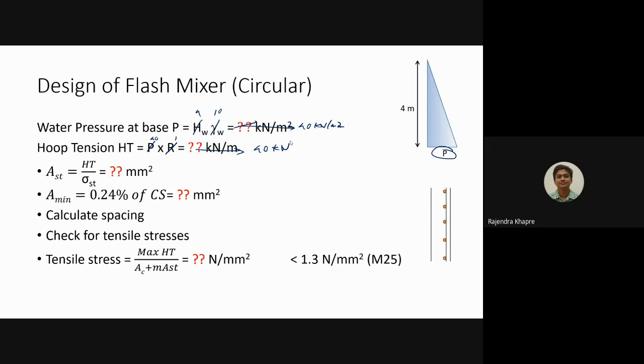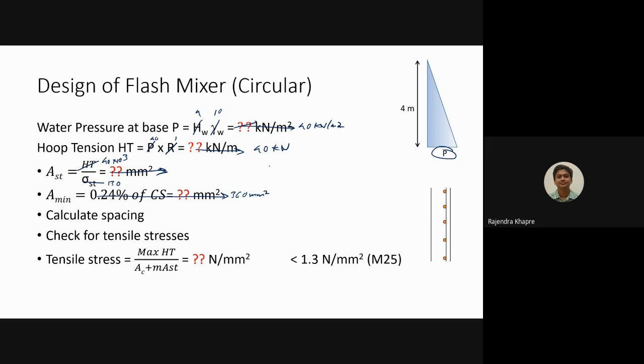This is going to give me 40 kilonewton hoop tension, which is very high. Accordingly, now we have to go for the Ast calculation. This is 40 into 10 raised to power 3, whereas sigma st is 130. How much is this? You can also calculate the minimum steel, 0.24% of cross section area with 150 thickness, which comes out to be 360.